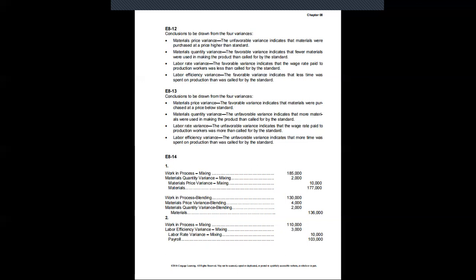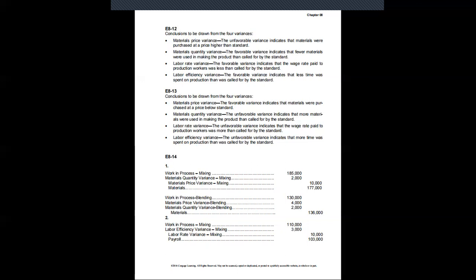So we have now for the number 1 requirement, we debit work in process mixing for 185,000. This is the standard cost of direct materials for actual production in the mixing department. Then we debit material quantity variance in the mixing for 2,000.